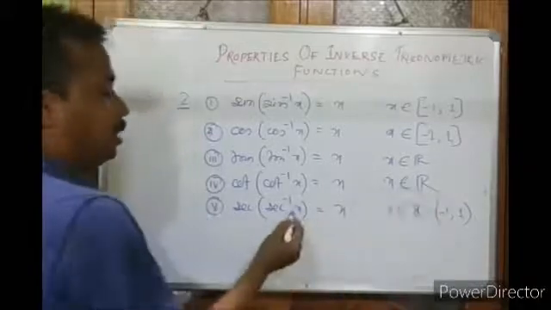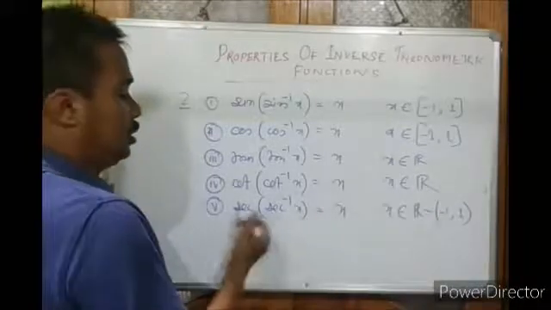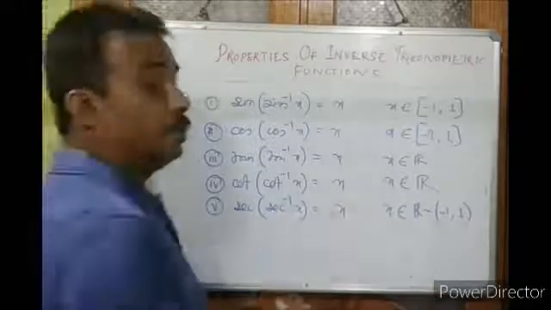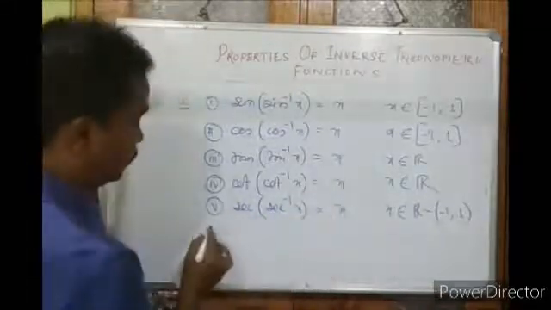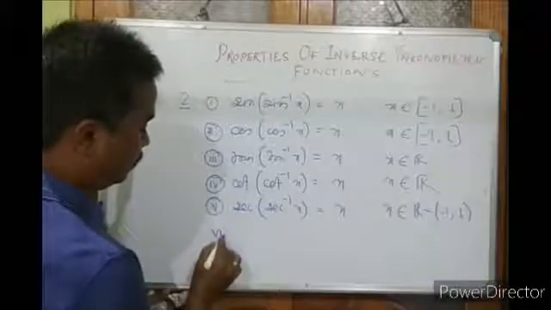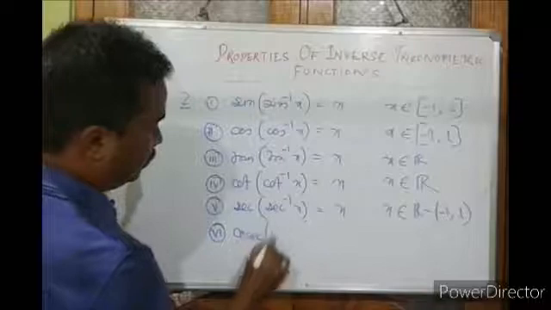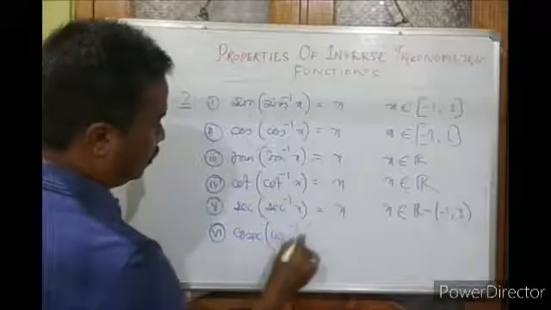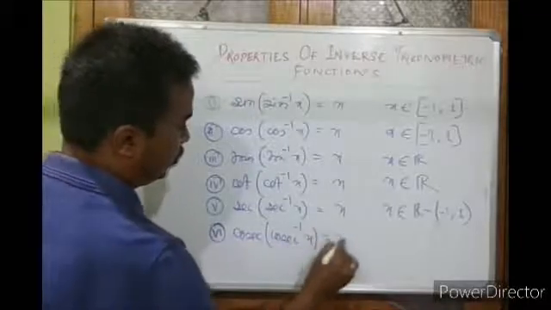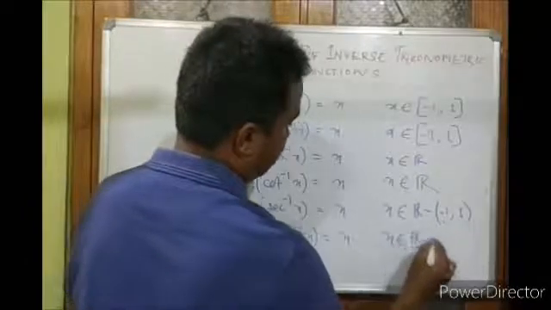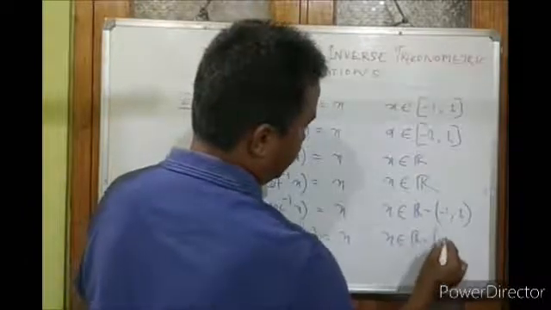If x is between minus 1 and plus 1, then we cannot find sec of sec inverse x. It is not defined. Number 6, cosec of cosec inverse x is equal to x, same interval, x belongs to R minus the open interval minus 1 to 1.